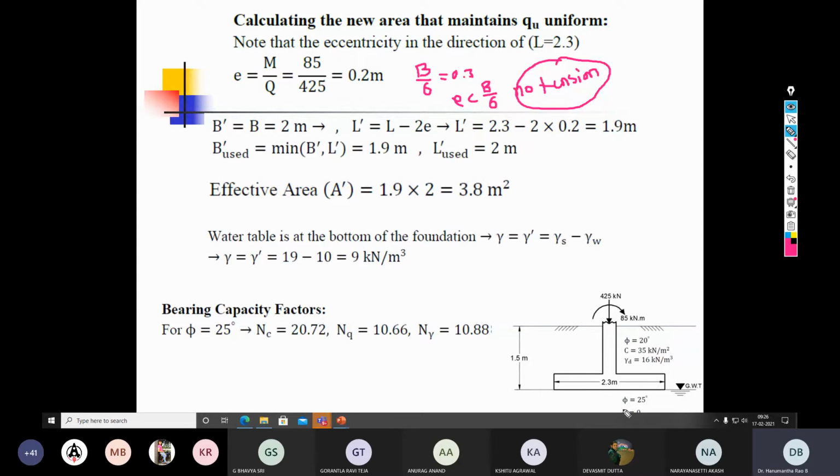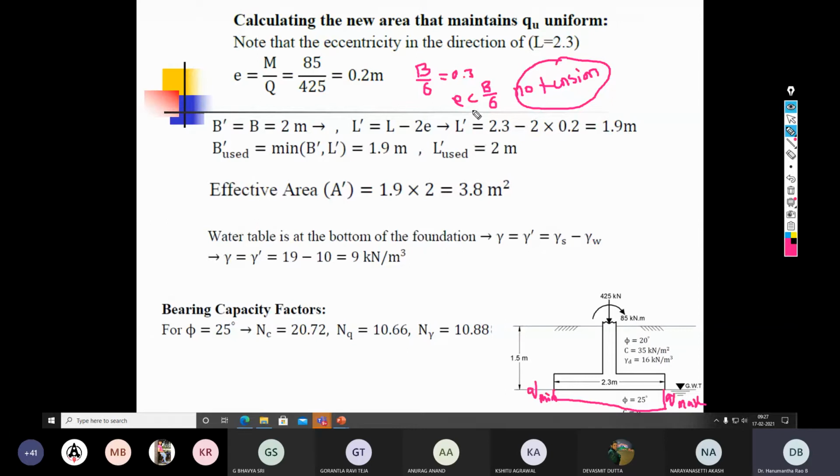Since there is an eccentricity, if you draw the profile, it may be something like this. You may get Q maximum here and Q minimum here.